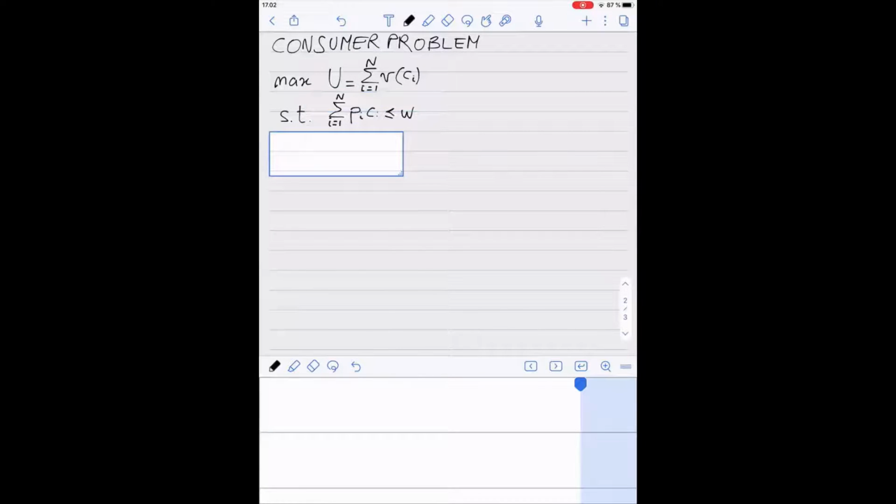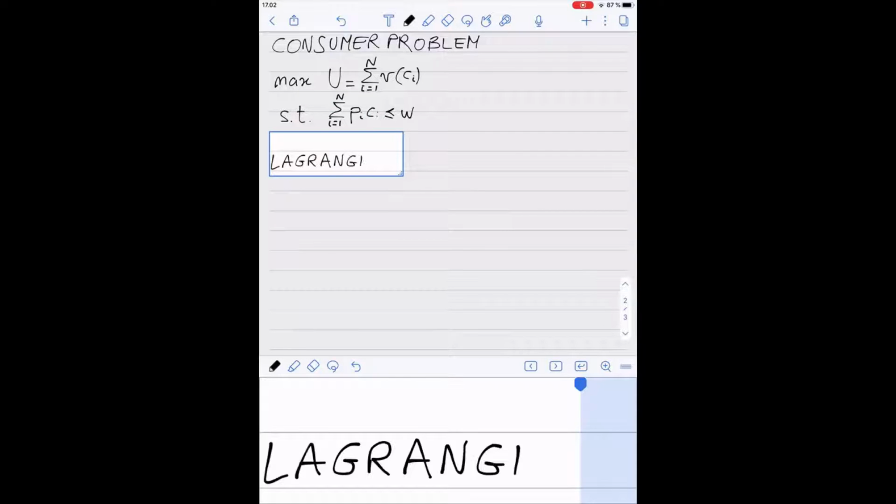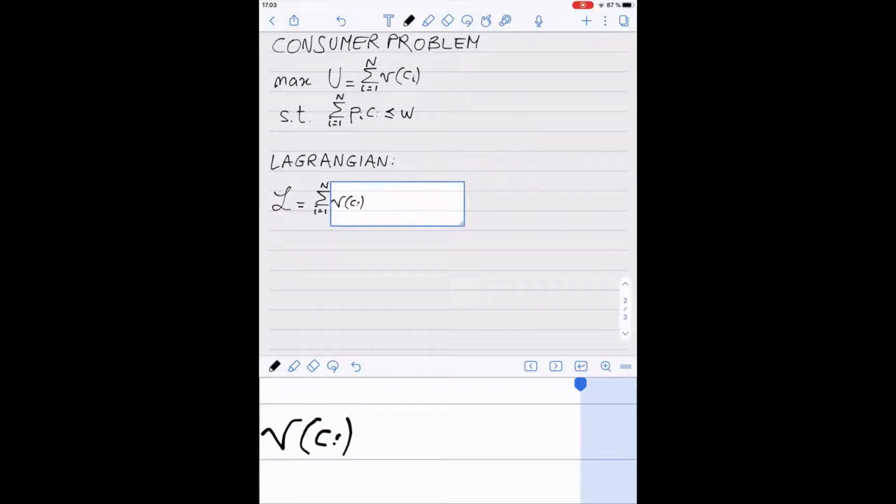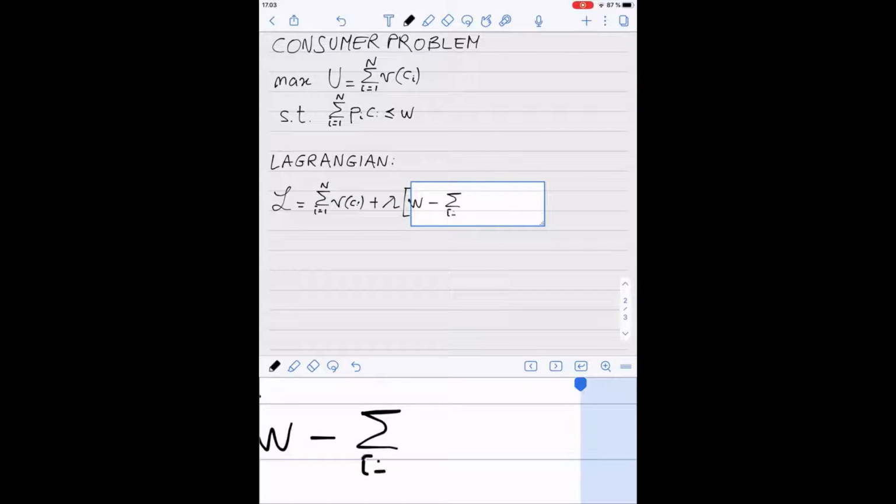So to solve the problem, let's set up the Lagrangian. So we have the summation i equals 1 to capital N of v(c_i) plus lambda, which is the Lagrangian multiplier, times wage minus the summation across all product varieties of the price times the quantity.